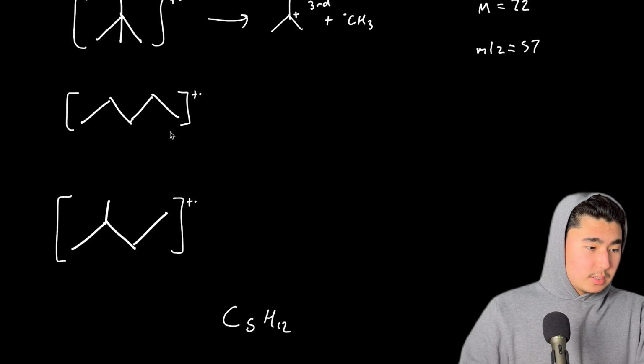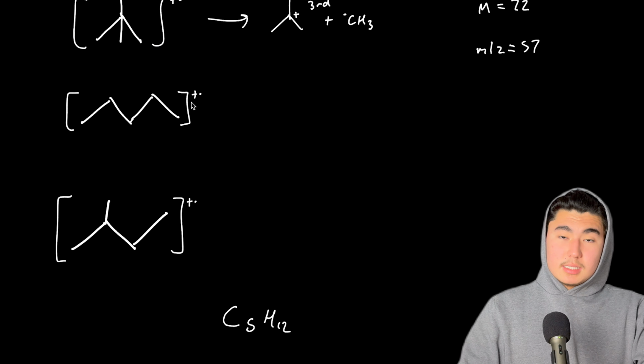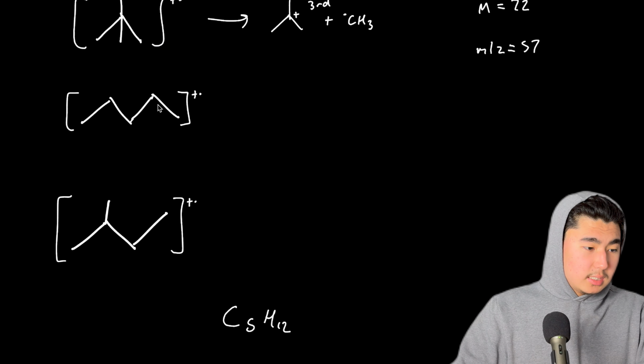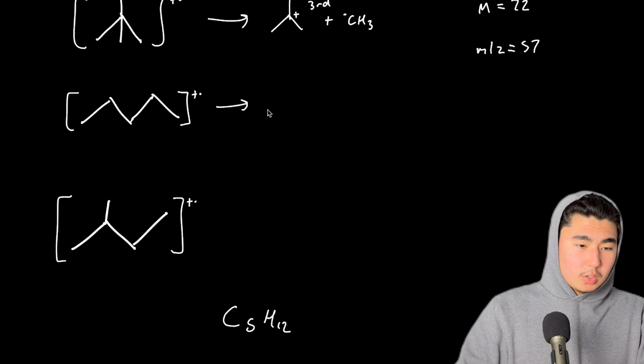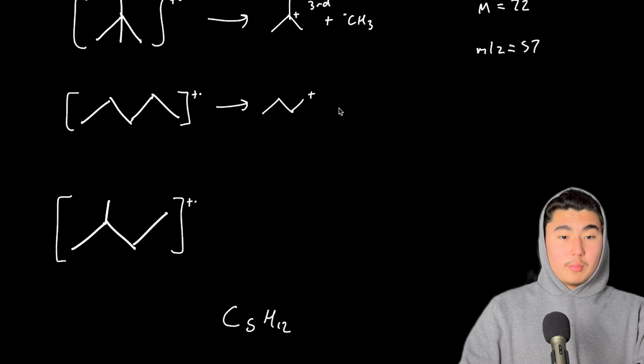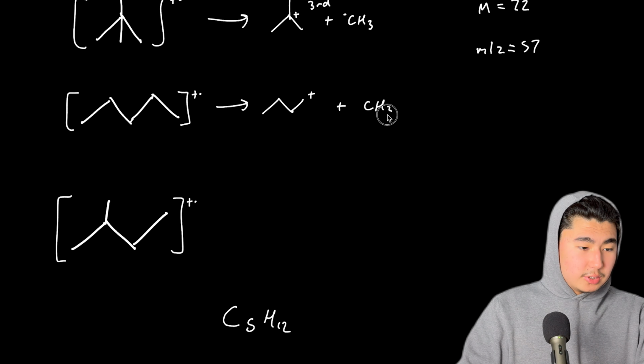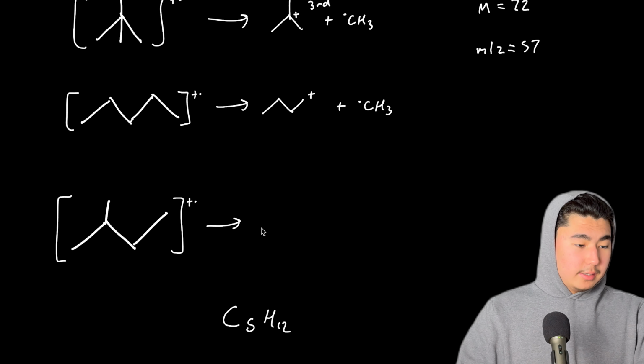Now let's look at the other ones. Over here, we have to lose that CH3. So the only way we can lose the CH3 is at this carbon over here. So what happens is we are going to create a primary carbocation. Our radical of CH3 is right there. And over here in this one, we have to lose that CH3.